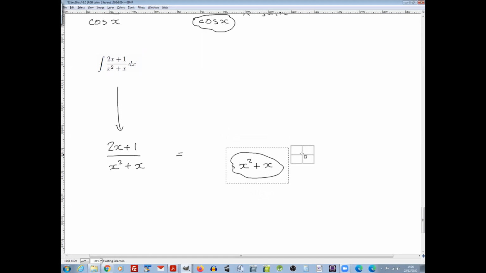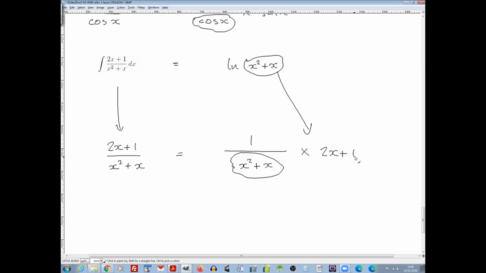I do prefer to put it as 1 over. And then the outer function would be ln blob. And your blob is going to differentiate to 2x plus 1, which is precisely what we had. So big deal. Job done.